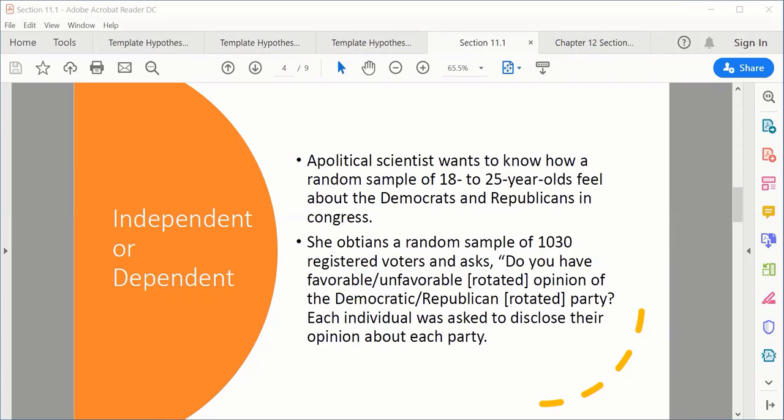Each individual was asked to disclose their opinion about each party. So in this case, because they ask a question first about favorable or unfavorable, and then to talk about how they felt about each party, those two questions are going to be linked together. So that would be considered dependent because of the linking of the questions. It's important to know whether it's independent or dependent because you have different kinds of statistics you'll use for each.